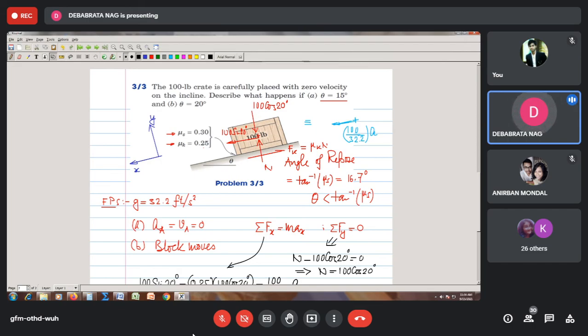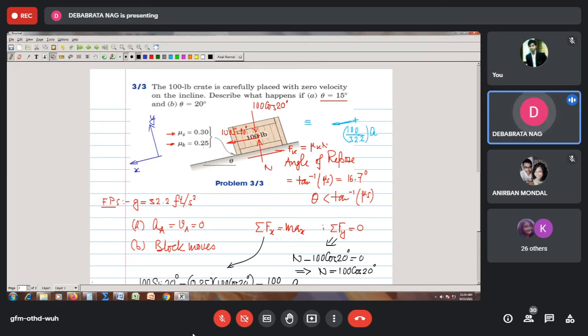In other words, it means that the sum of all the forces acting along this perpendicular direction must be 0, or they must be in equilibrium. That means this block must be in equilibrium along the y direction. However, it is not in equilibrium in the x direction when your theta becomes equal to 20 degree.